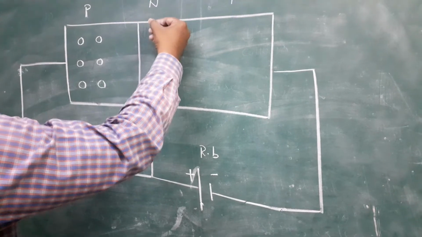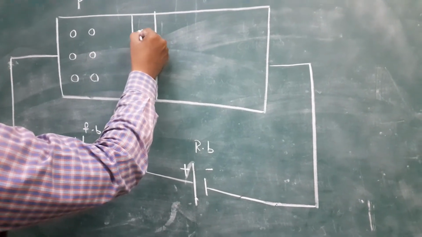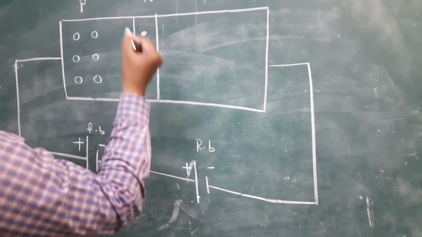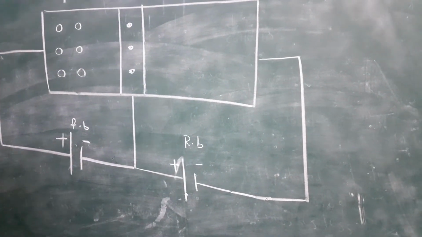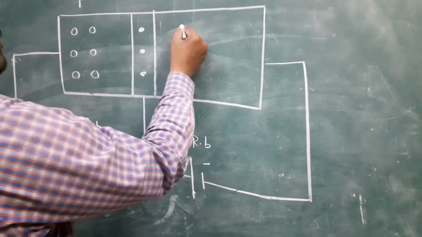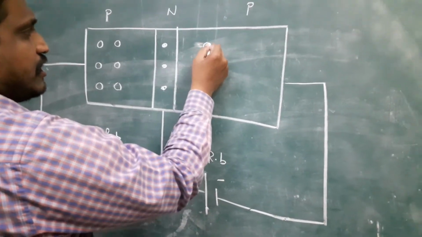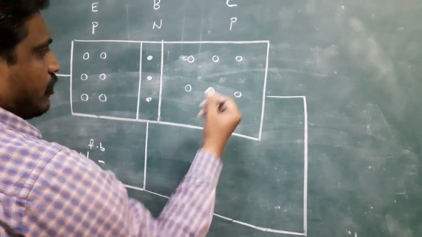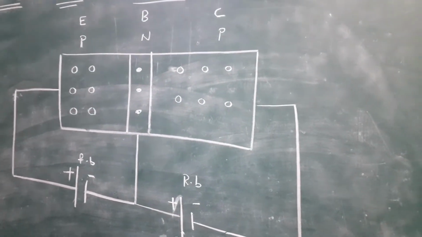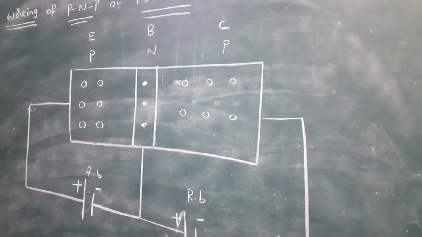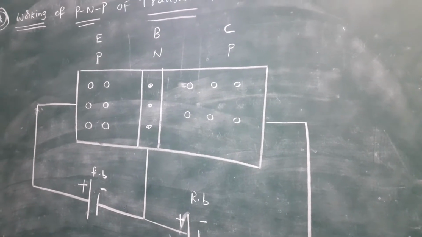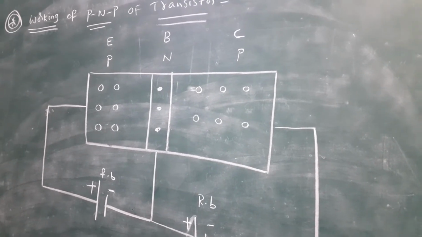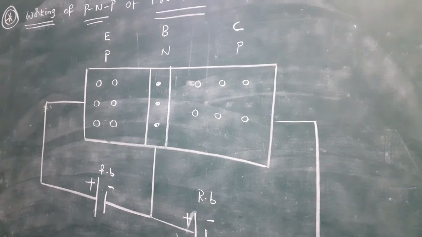In the N region, the majority charge carriers are electrons. Look here, all of you. In these regions, only the majority carriers are taken because the minority are very few. So that's why I explain the working of the PNP transistor.